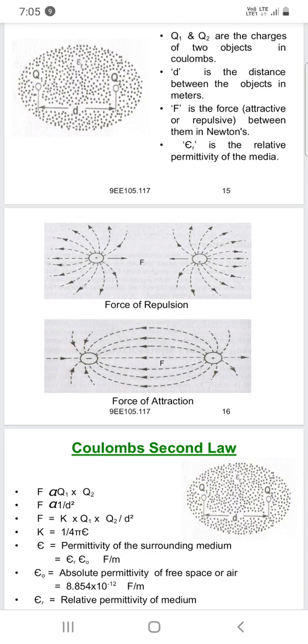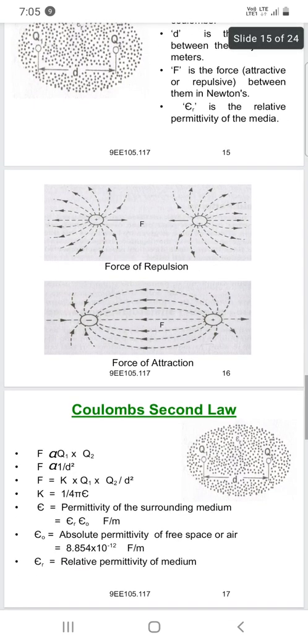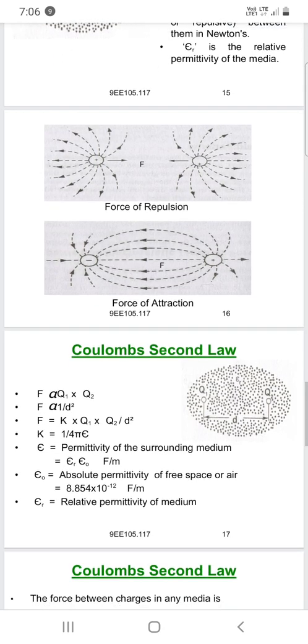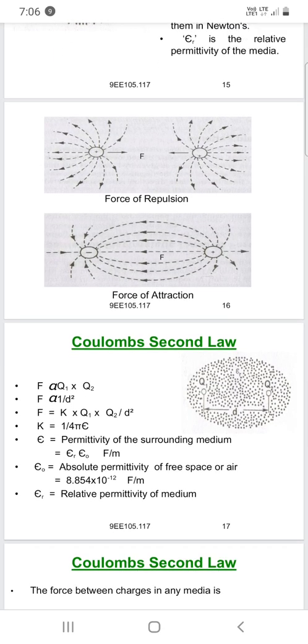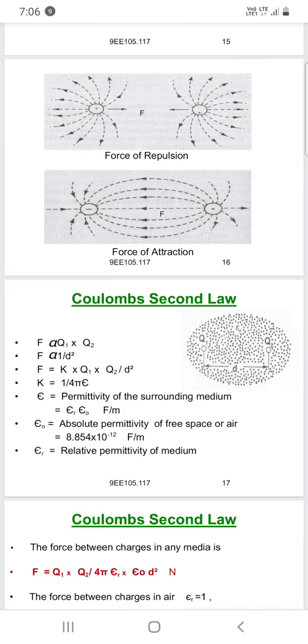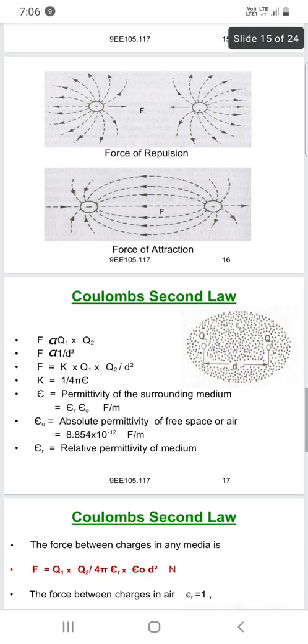In the repulsion figure, two like charges are there, that is, both are positive charges or both are negative charges, and the force between the two charges is the repulsion force.